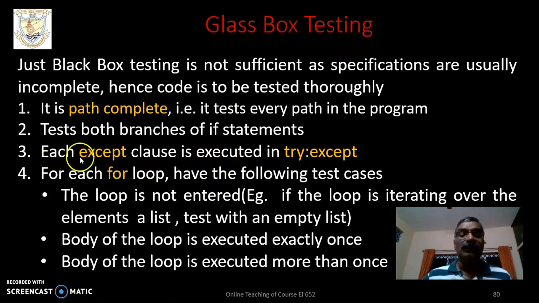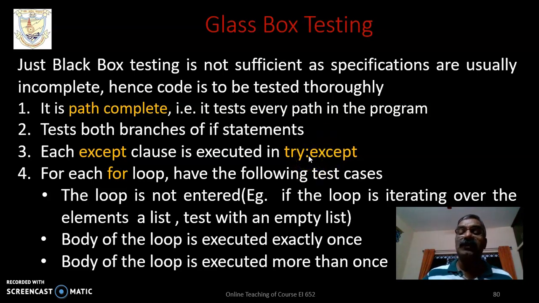Then the third point, each except clause is executed in try except. We have used try except in network programming. So try except is for exception handling. There may be different types of exceptions. We have tried in file server and file client.